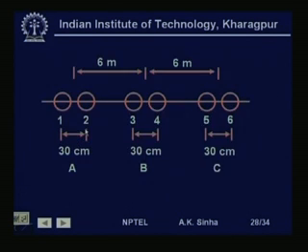The distance between the 2 phase conductors is 6 meters, that is from center to center, and this is a horizontally spaced configuration.